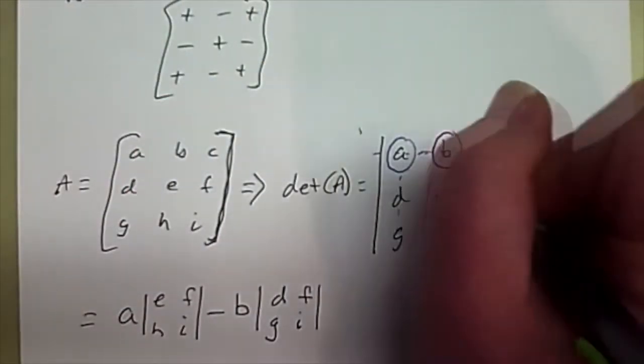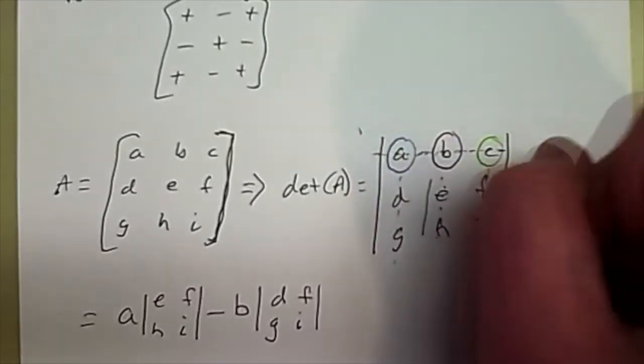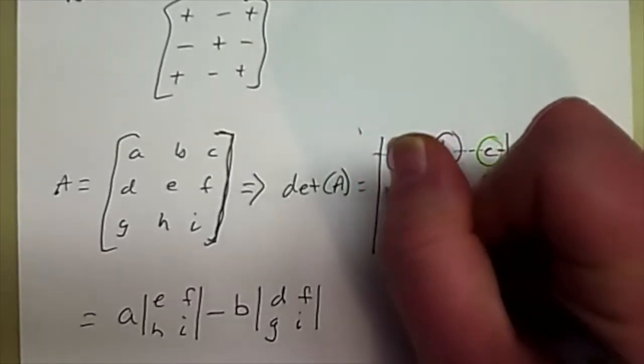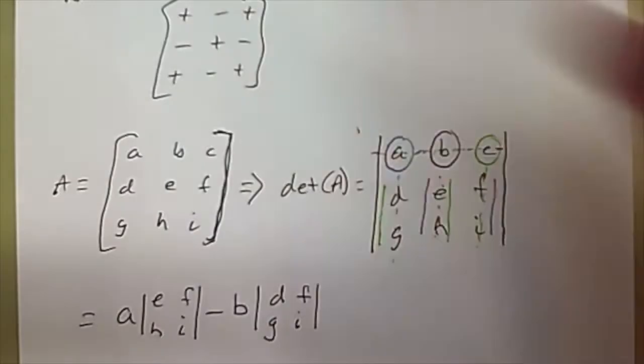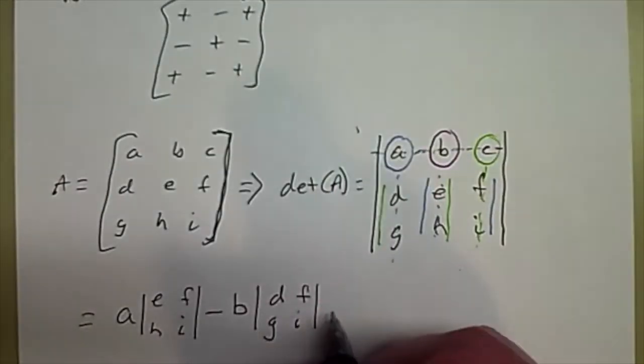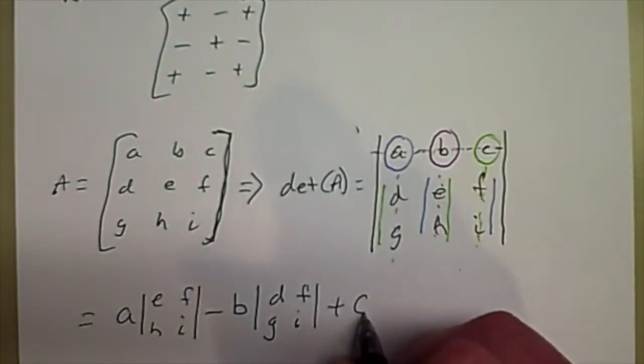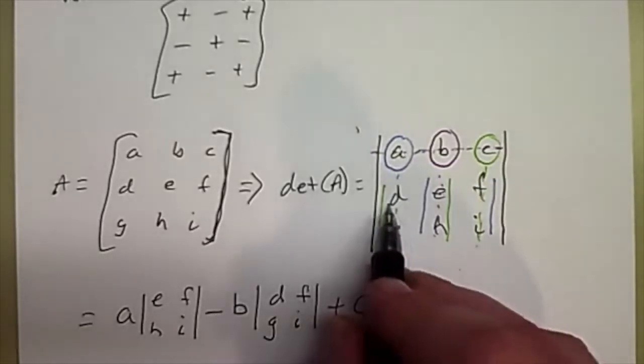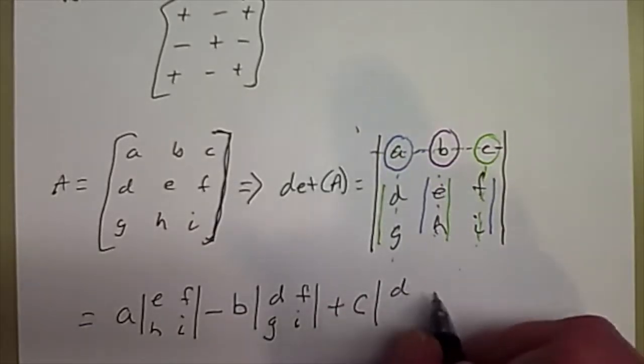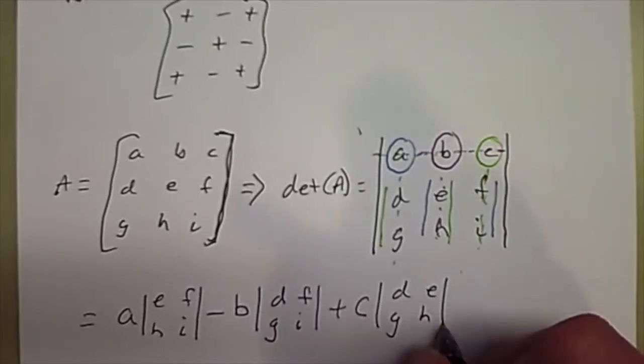I'm going to take out this top row, far right column, and I'm going to use the determinant of the leftovers here. So same sign, so plus C times the determinant D, E, G, H.